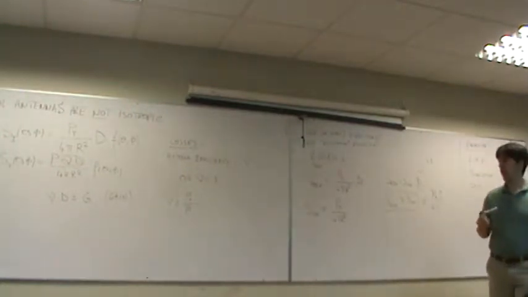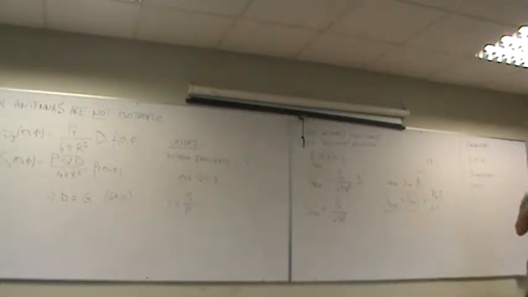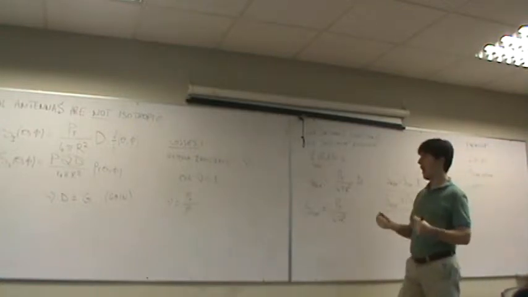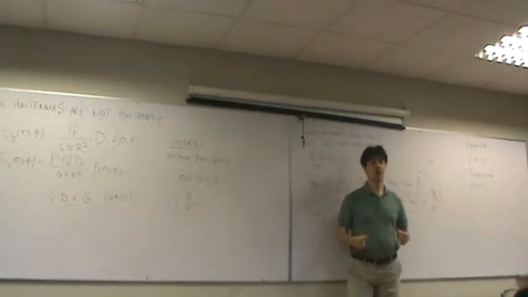Because unfortunately, you may have noticed, antennas do not follow Moore's law. That is, they cannot be made smaller and smaller and smaller indefinitely. Antennas that are small with respect to the wavelength, not small in general, but small with respect to the wavelength, have a very low efficiency.